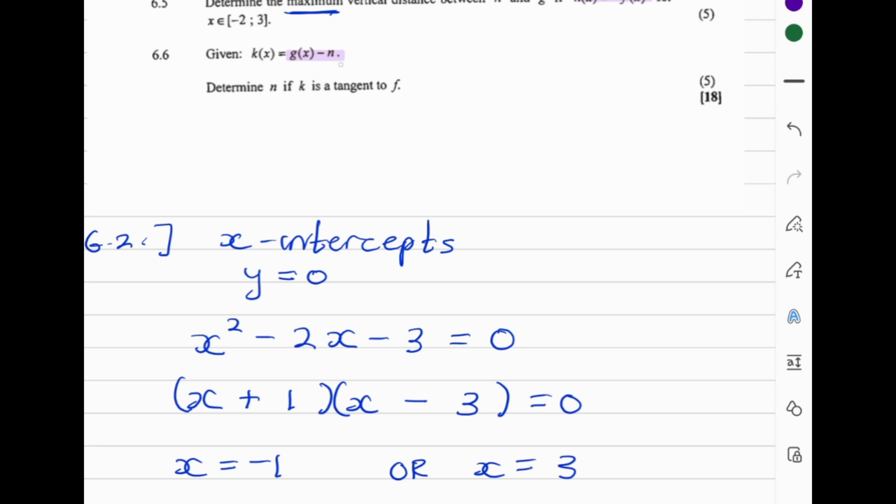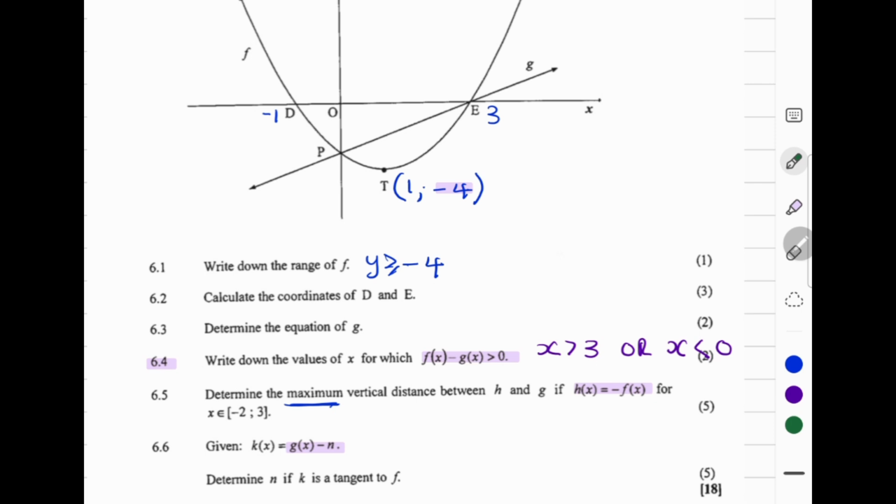So this minus n is going to shift our graph some n units for us to have a tangent, right? So this is g right here, and then if we shift g down by n units, it's only going to touch the graph of f. It's going to touch the graph of f of x once, right?